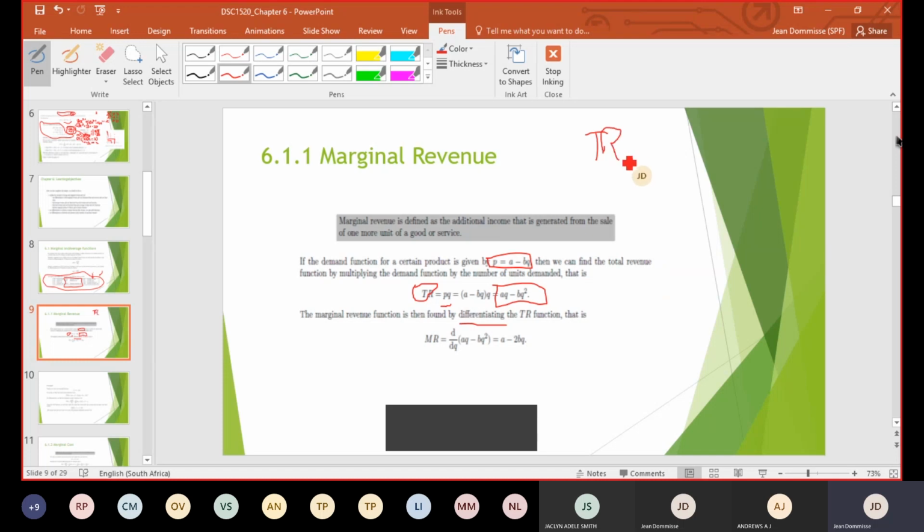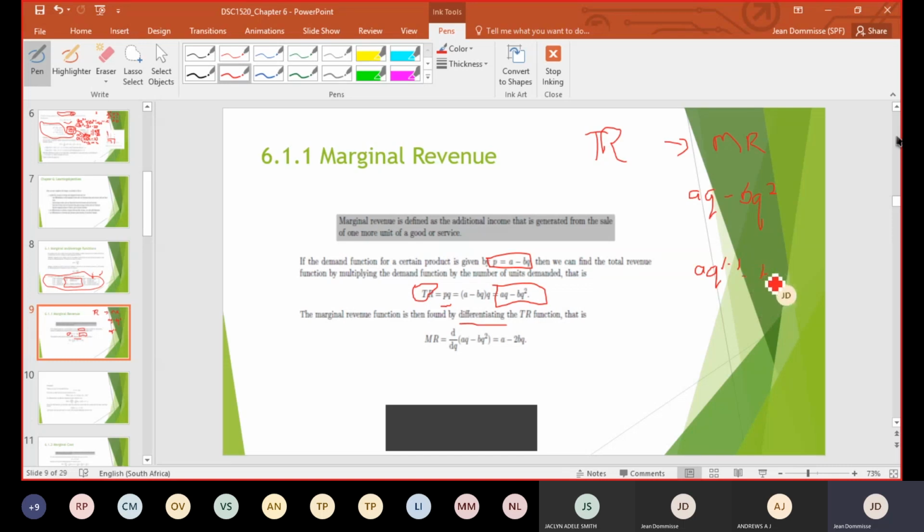So if we basically differentiate the total revenue, we will get our marginal revenue. So if I look at that function of aQ minus bQ to the power of 2, so if I needed to do the differentiation here, we would have again said 1 minus 1.